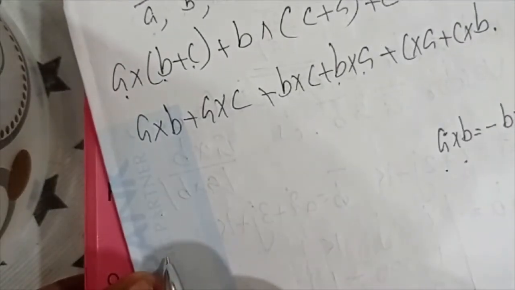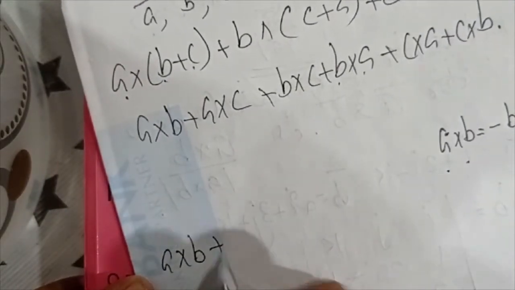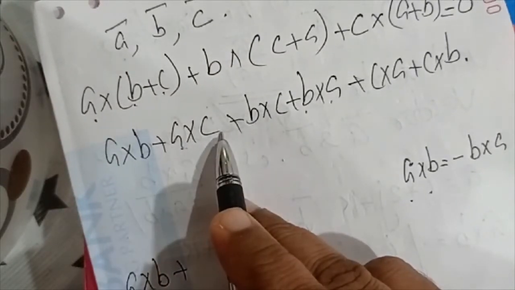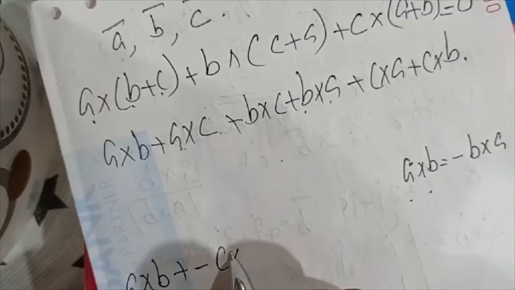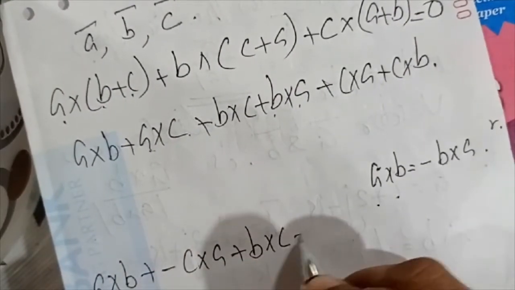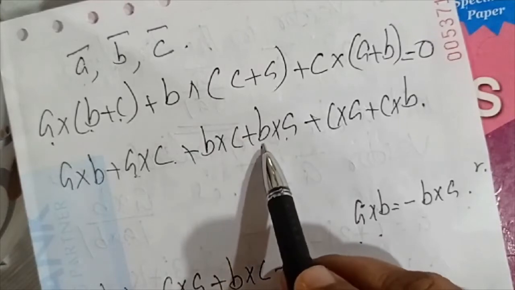Once again, A cross B plus A cross C. A cross C we can write as minus C cross A, plus B cross C. How can you write this B cross A?